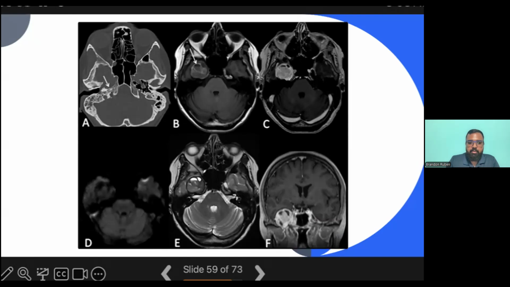Image D, to the bottom left, a diffusion weighted image, is negative. Going across, image E, a T2 weighted image, shows the presence of cystic areas. C and F are axial and coronal T1 weighted images, which show slightly heterogeneous enhancement after contrast administration.